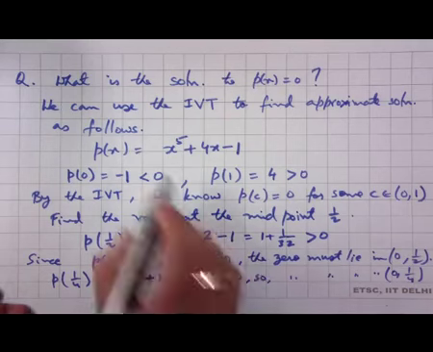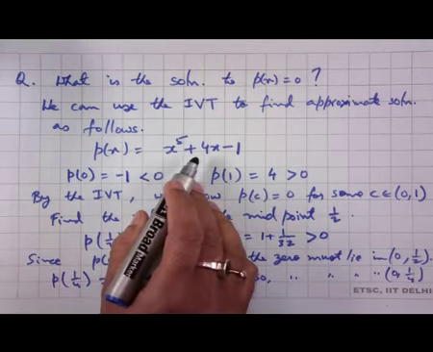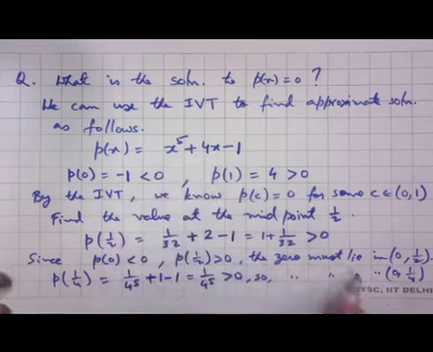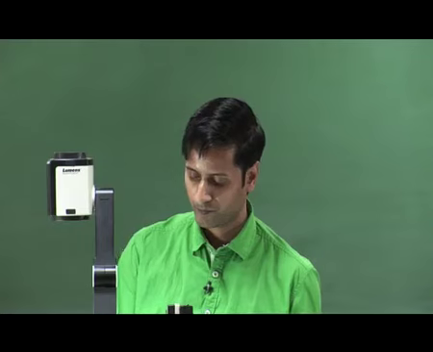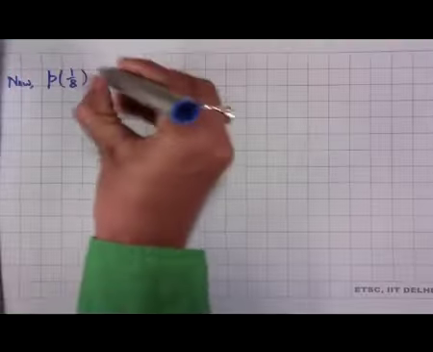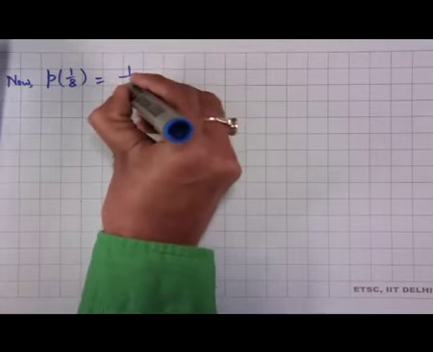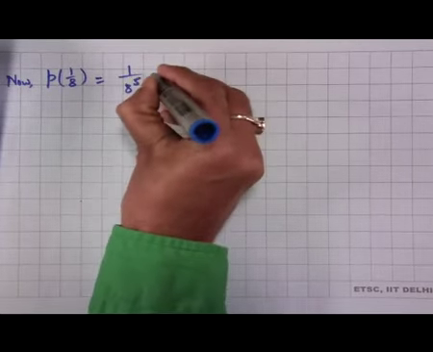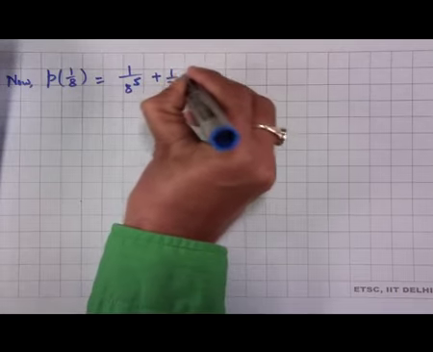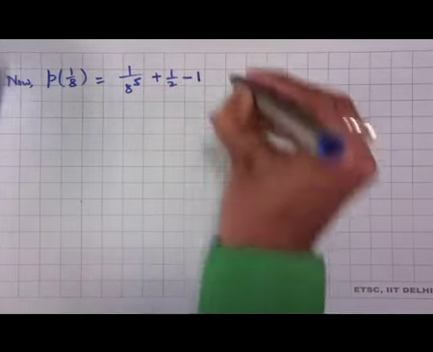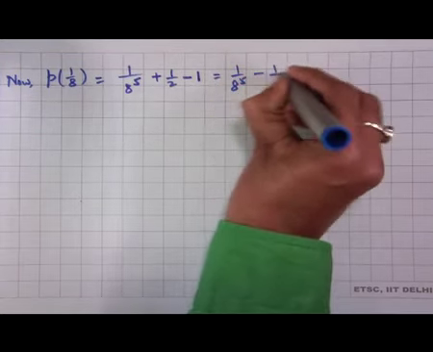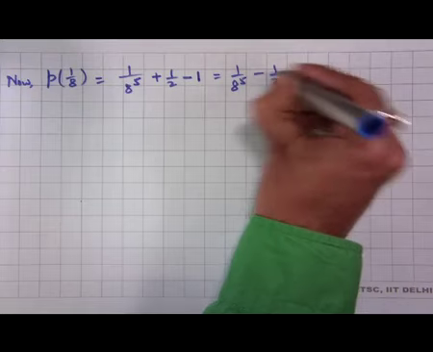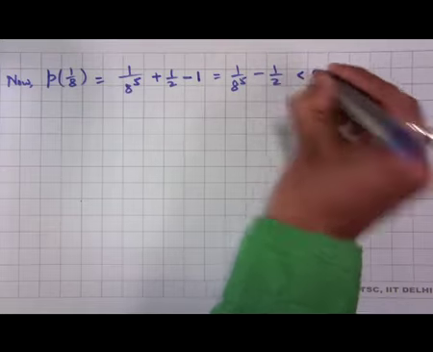Then you can find what happens at 1/8. p of 1/8 gives 1 by 8 to the 5th plus half minus 1, which is equal to 1 by 8 to the 5th minus half, which is of course negative.